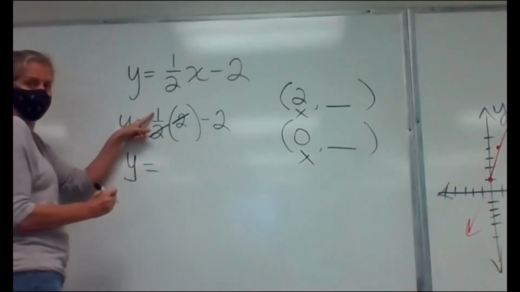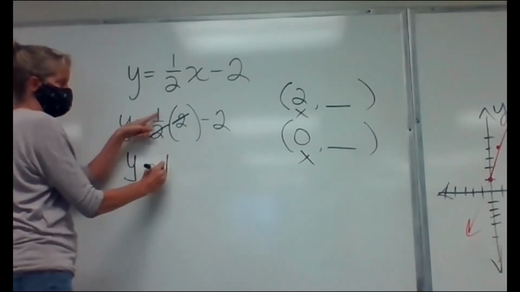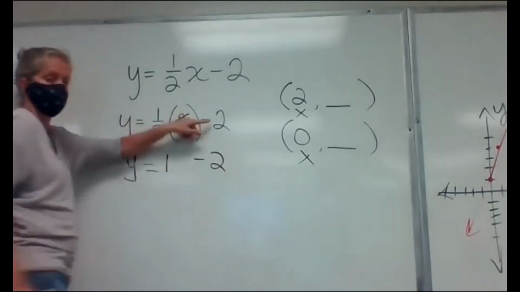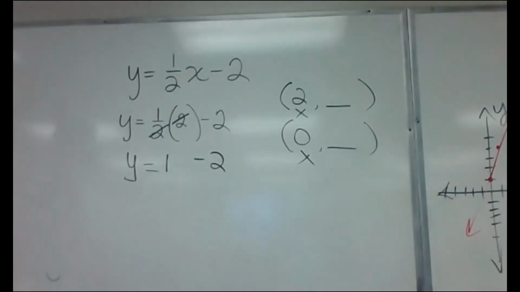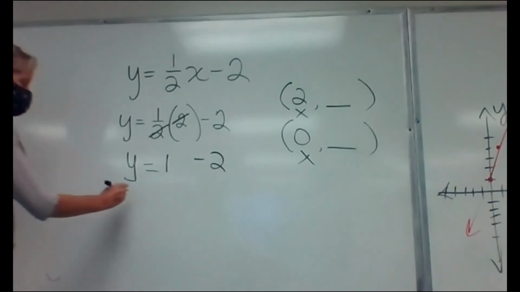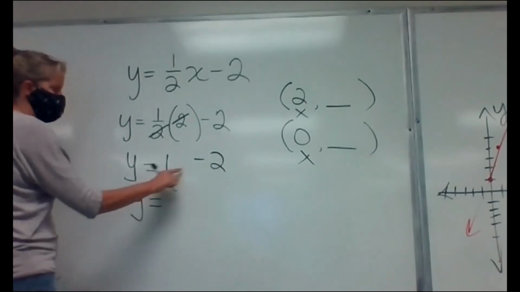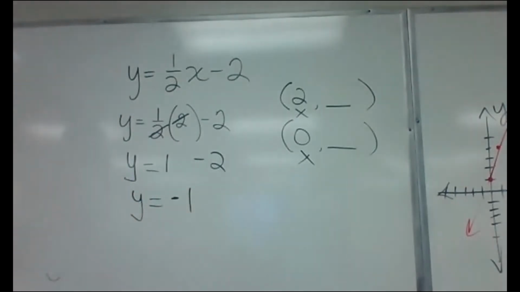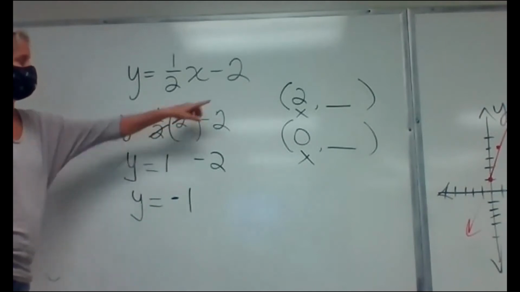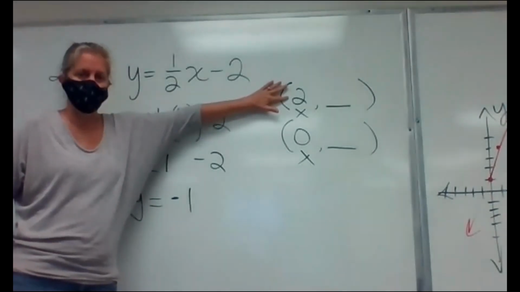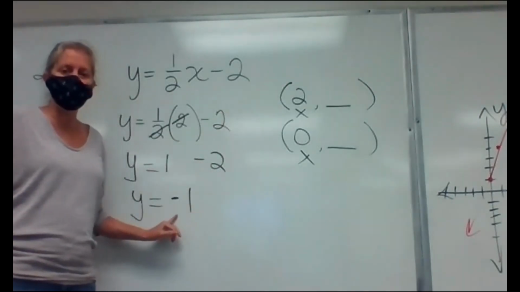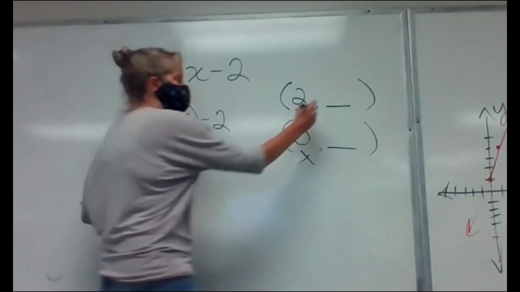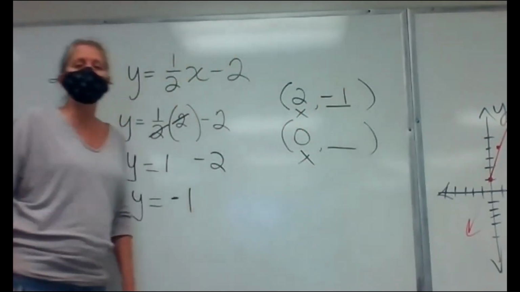So now I'm just left with that 1, drop down the 1, minus 2. So what is y equal? 1 minus 2, which is -1. So when I plugged in this 2 for the x, what did it give me for the y that goes with it? -1. So I'm going to plot that point.